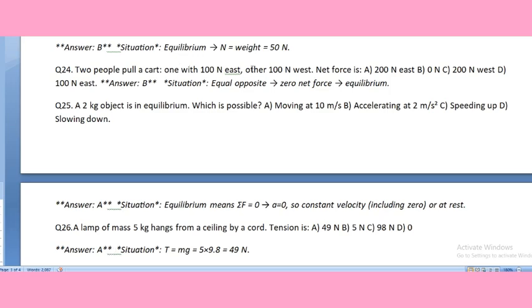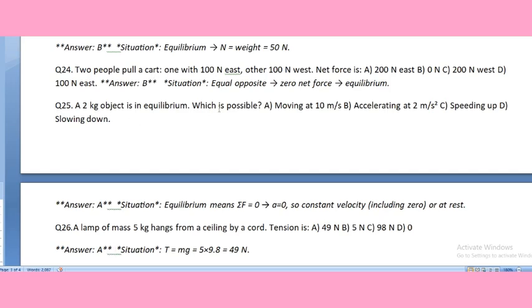We have equal and opposite forces. Because the forces act in different directions, the resultant is 0 net force, and the object is in equilibrium.